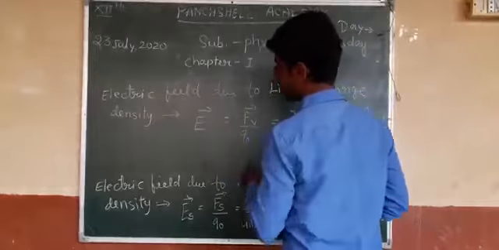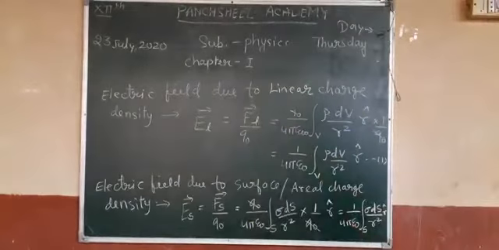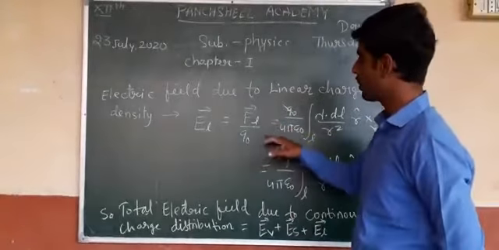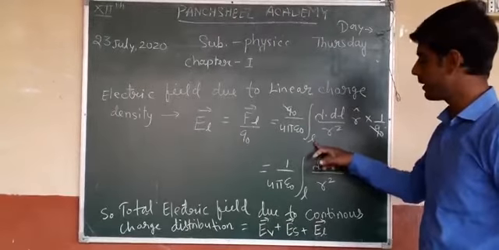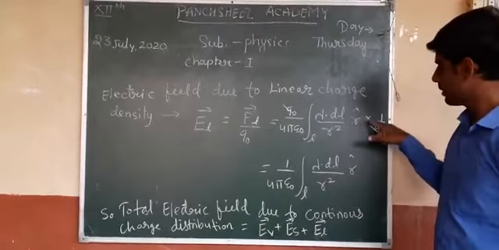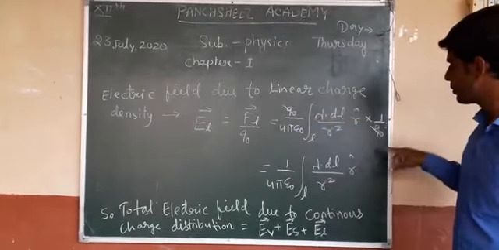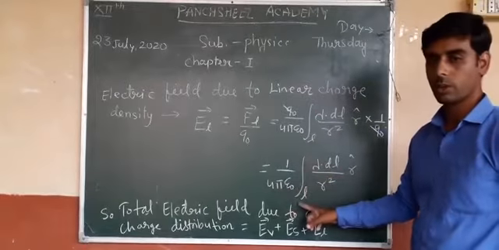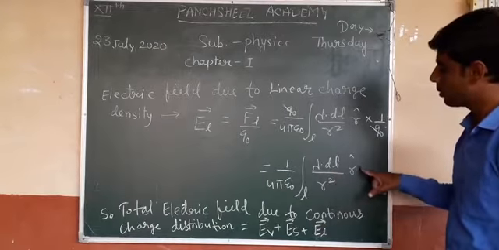So I write here EL, and the value is FL upon q naught, equal to q naught upon 4 pi epsilon naught, integration over the whole line, lambda dl upon r square, r cap, into 1 by q naught, because FL is divided by q naught. So q naught cancels out, and the remaining is 1 upon 4 pi epsilon naught, integration over the line, lambda dl upon r square, r cap.